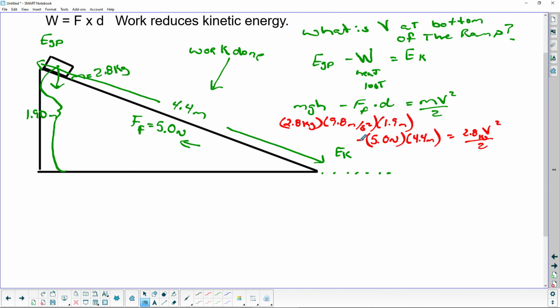So 2.8 times 9.8 times 1.9 gives us our top energy, 52.136. So we'll just say 52.1. And we're going to subtract 5 times 4.4. So that's 22.